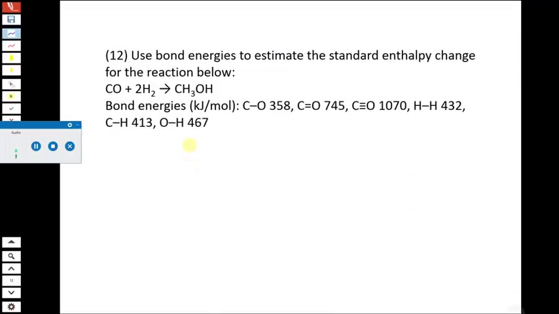All right, the other topic we had from this part of the course was using bond energies to estimate enthalpy changes. So in our course we learned in Chapter 7 a lot of different ways to calculate delta H, both using heat calorimetry or also using Hess's law, delta H formation, all those things.